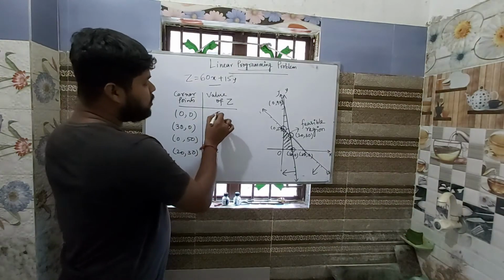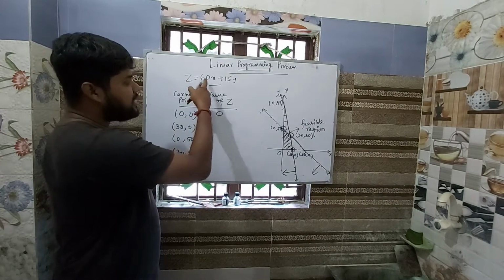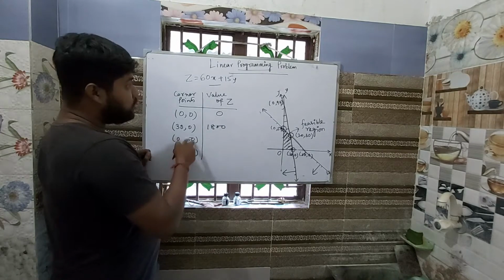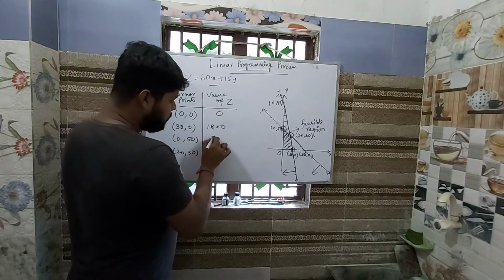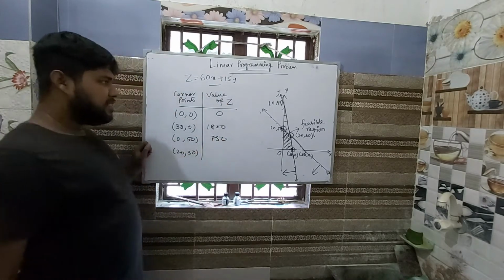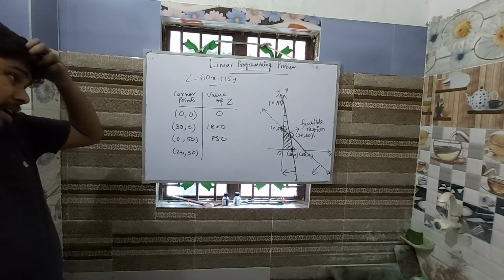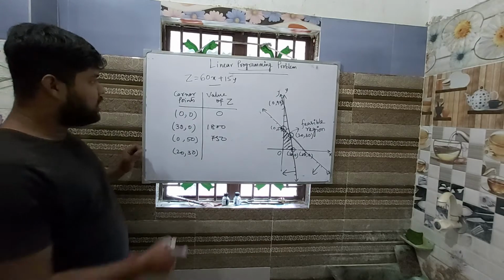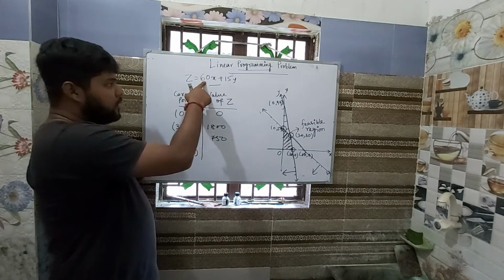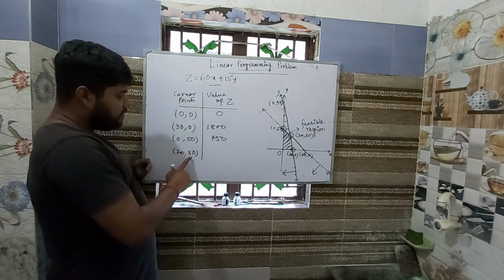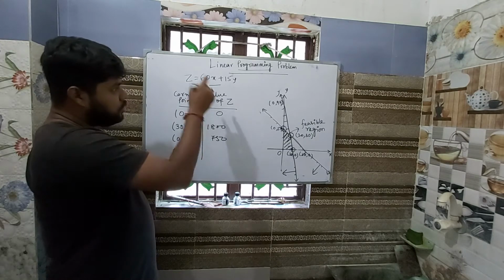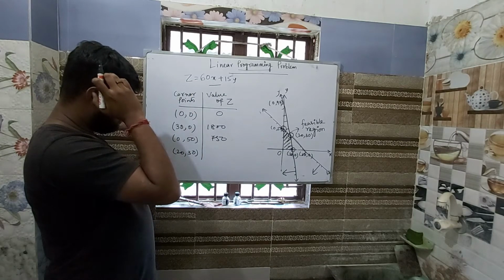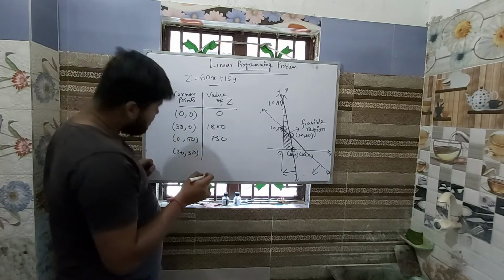So if you put 0, it gives you 0. If you put 30, 60 into 30 gives you 1800. 0 into 50, 15 into 50 is 750. And if you put 20 and 30, 20 is 1200 and 30 into 15 is 450.